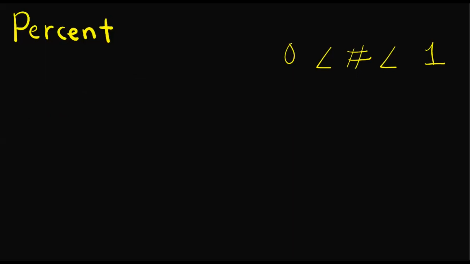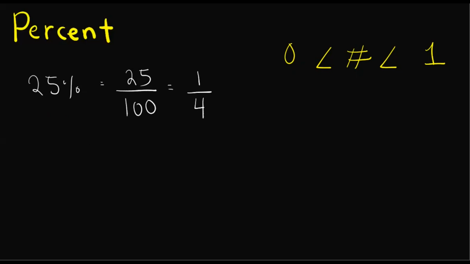So if we have 25%, this one is actually 25 over 100, which by now we can simplify as 1 over 4 through our knowledge in fractions.